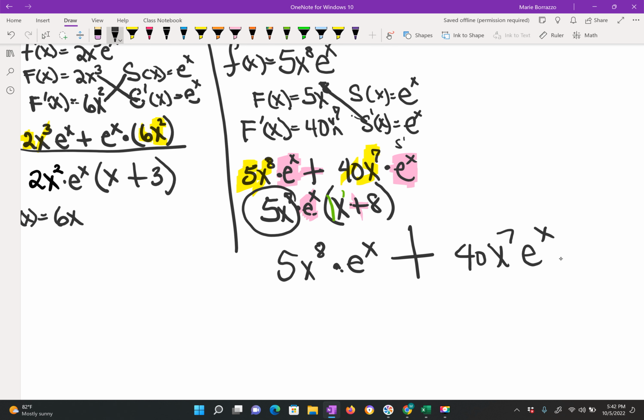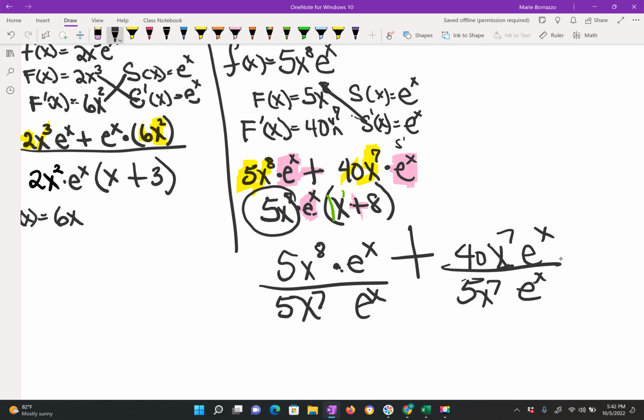My question to you is, what is common to both terms? 5. I can divide this by 5, and by x to the 7th, and also by e to the x, because both are common.